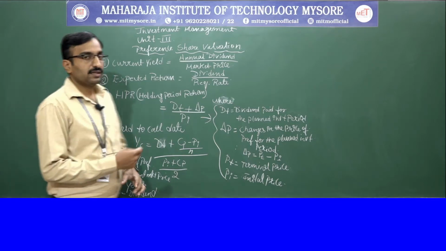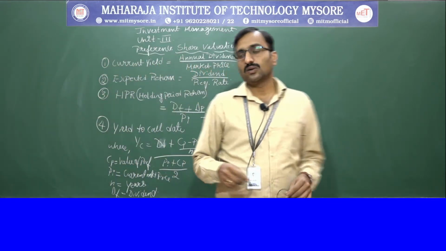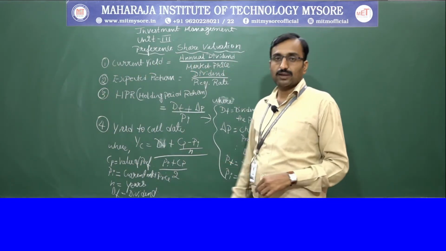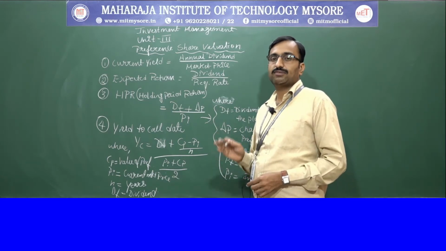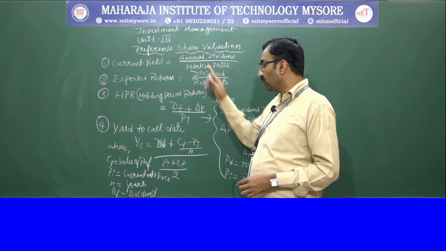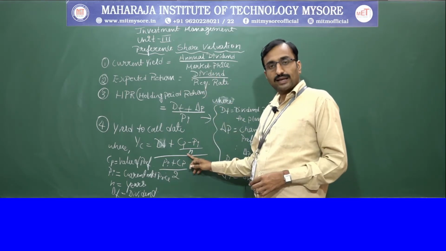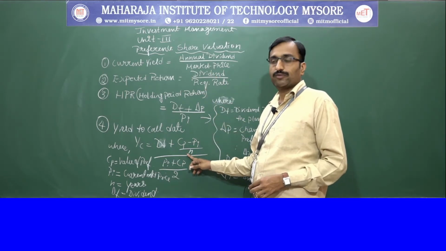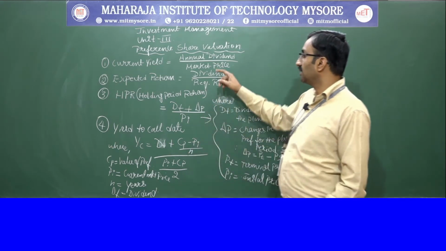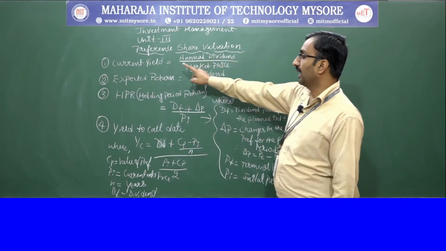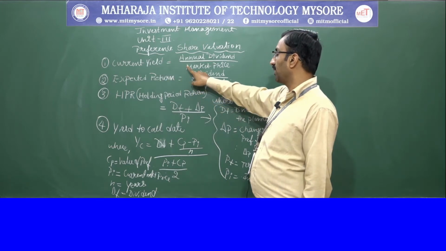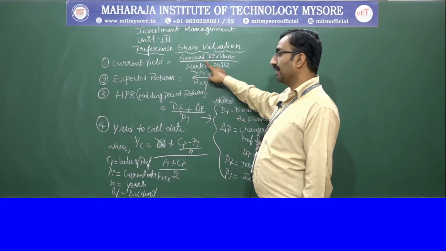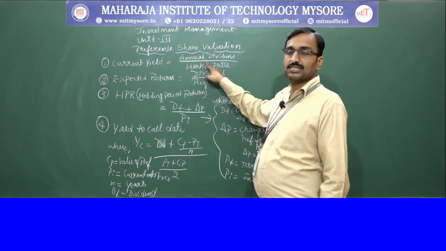These are the 4 methods we apply for evaluation of preference shares. Based on the availability of the data, we apply any one of the formulas and calculate the value of the preference share. When they ask you to calculate the current yield, we apply this formula whenever the maturity period is not given.